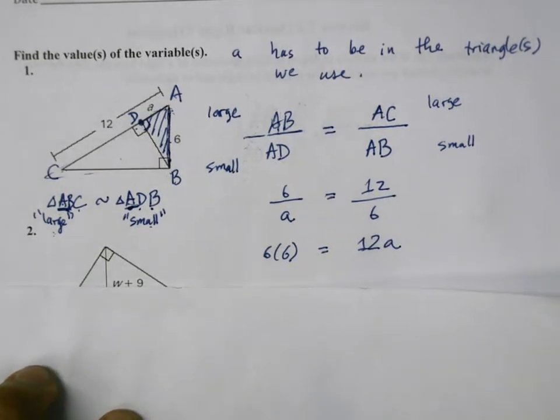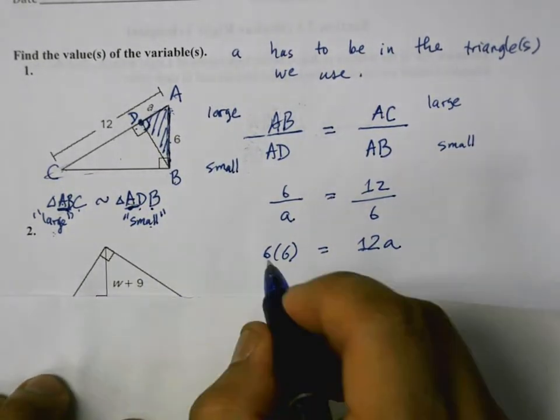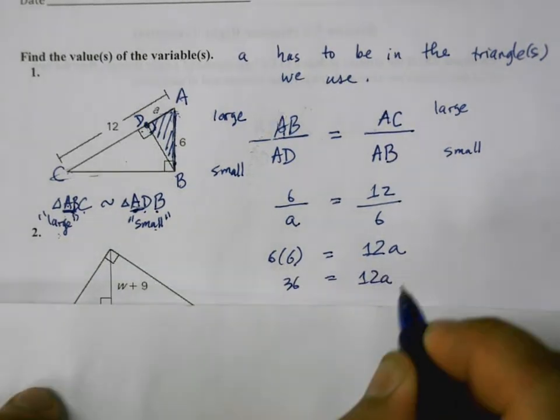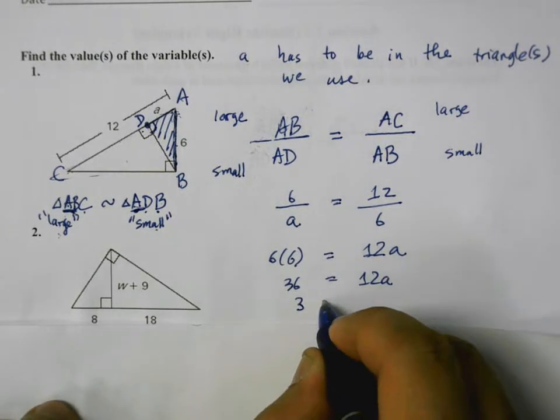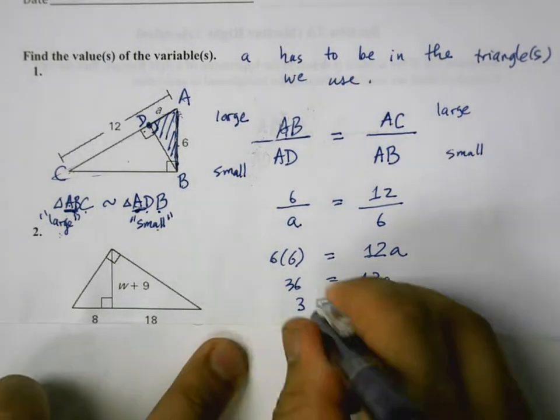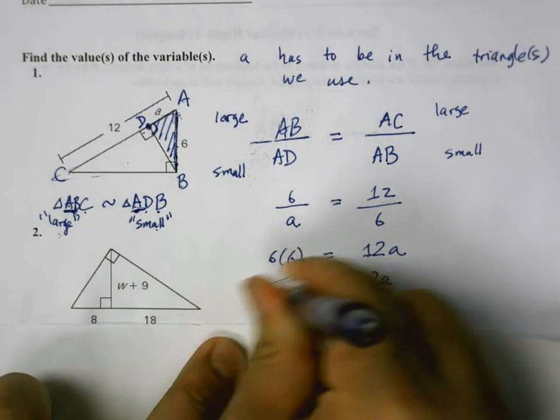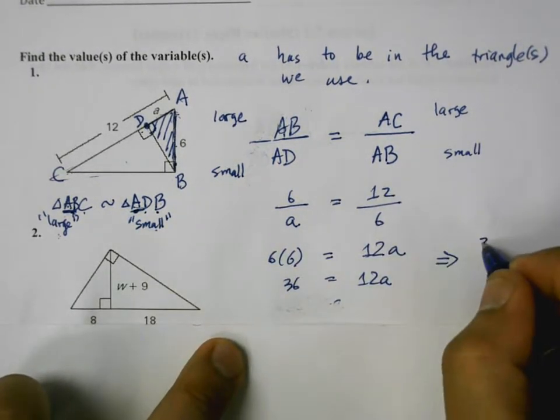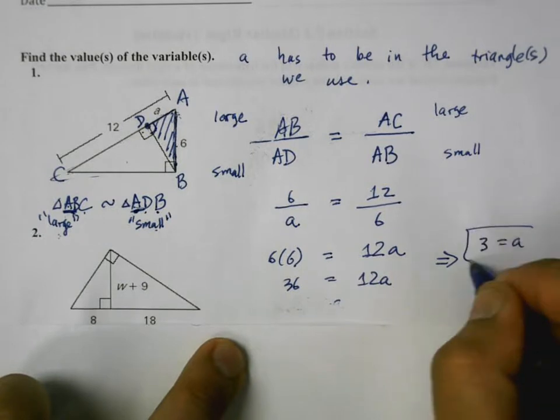Many of you are familiar with this as cross multiply. So 36 is equal to 12A, which means that 3 is equal to A. I'm going to write it over here just because I want to save space for the next problem. So over here, 3 is equal to A.